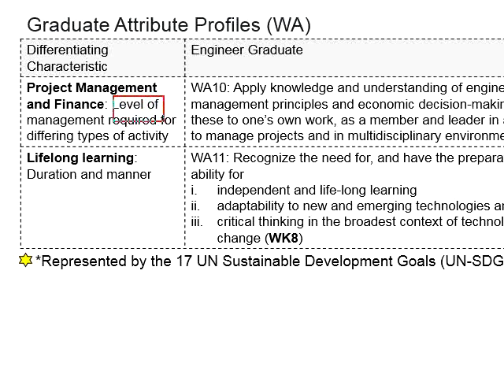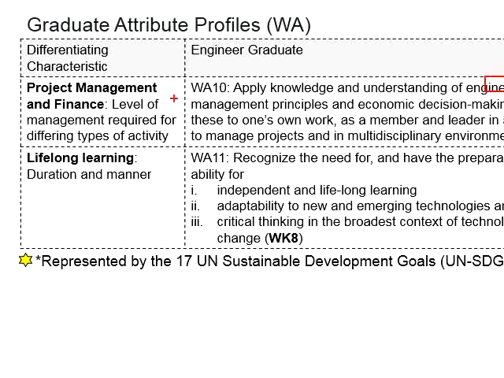Next, it will be the project management and finance. We are looking at the levels of management required for different types of activities. This is WA10. Apply knowledge and understandings of engineering management practices and economic decision making, and apply those to one's own works as a member and leader in a team, and to manage the project in multidisciplinary environments.